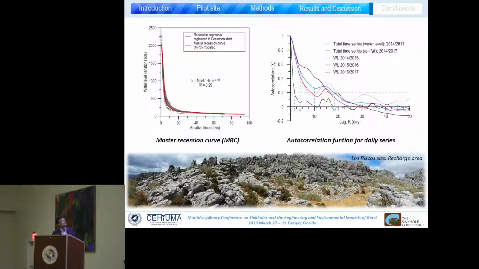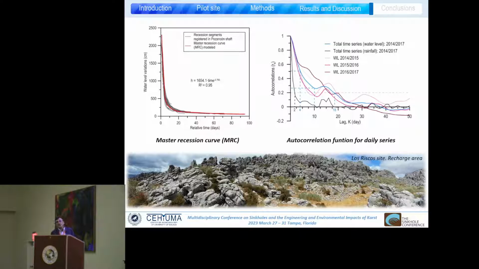The rainfall is a random effect, and the autocorrelation function quickly decreases, but the water table, this is the total response, is more or less similar. It also depends on the hydrological year, whether it is more dry or humid condition.